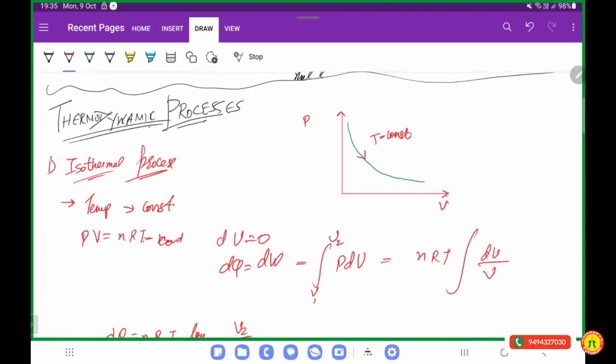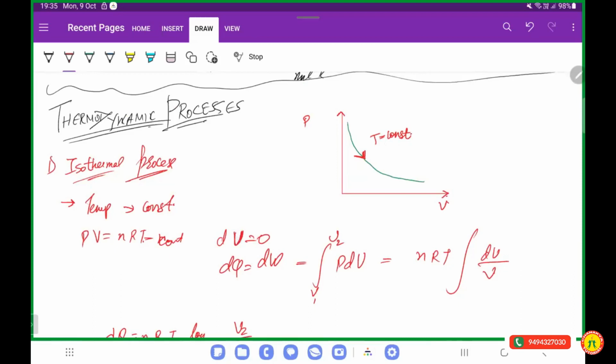Sir, why is dU 0? See, when temperature is constant, dU is related to dT.